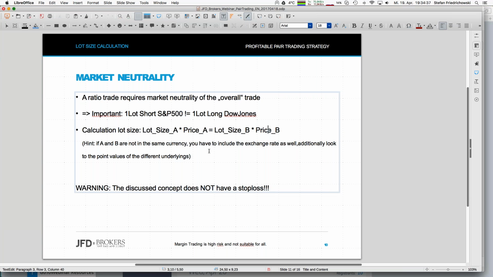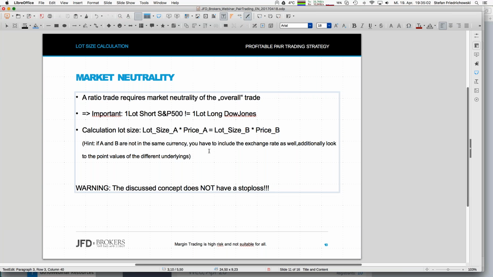So now we have it: lot size of symbol A times price of symbol A should be equal to lot size of symbol B times price of symbol B. Okay, now we have it.